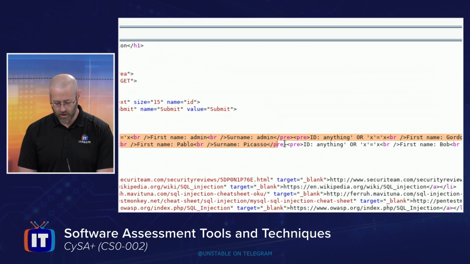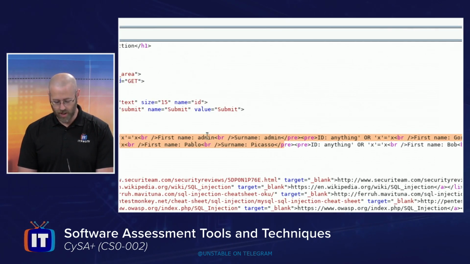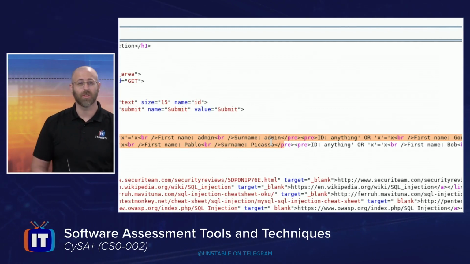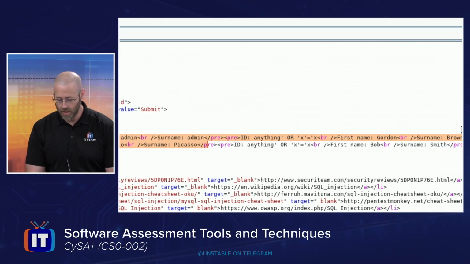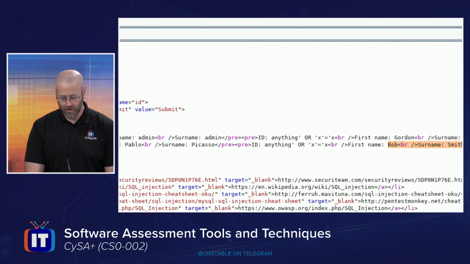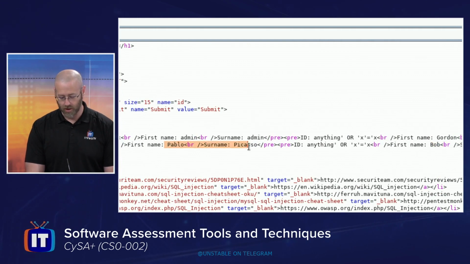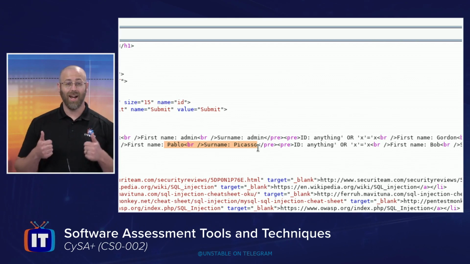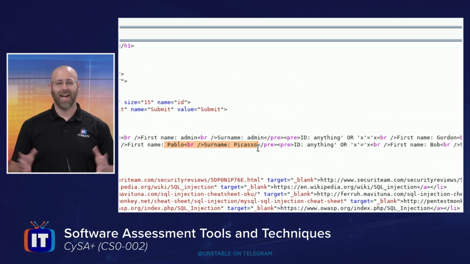And in there, not only am I seeing the first name of admin, the surname of admin, which we saw when we sent the one in, it actually returned some information from the database, but also Gordon Brown and Bob Smith and Pablo Picasso. So it dumped the database, which means I have fuzzed out the SQL injection. I can use that successfully and dump the contents of the database with it.